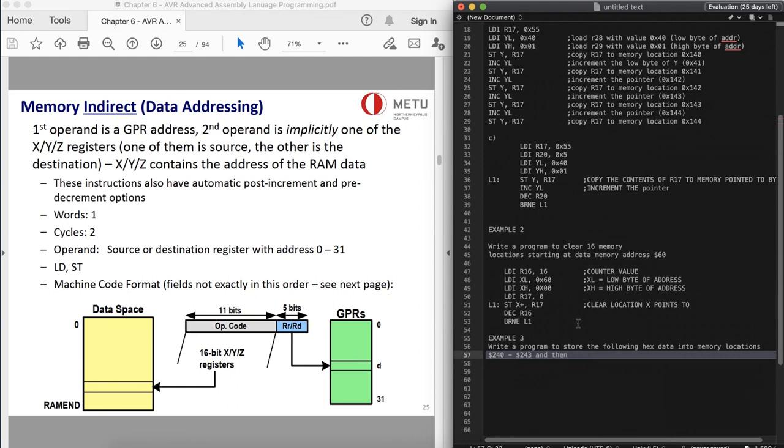And then add them together and place the result in locations, in this case 220 and 221. This is a good question because we have to deal with a couple of different instructions, and it will be a good example.